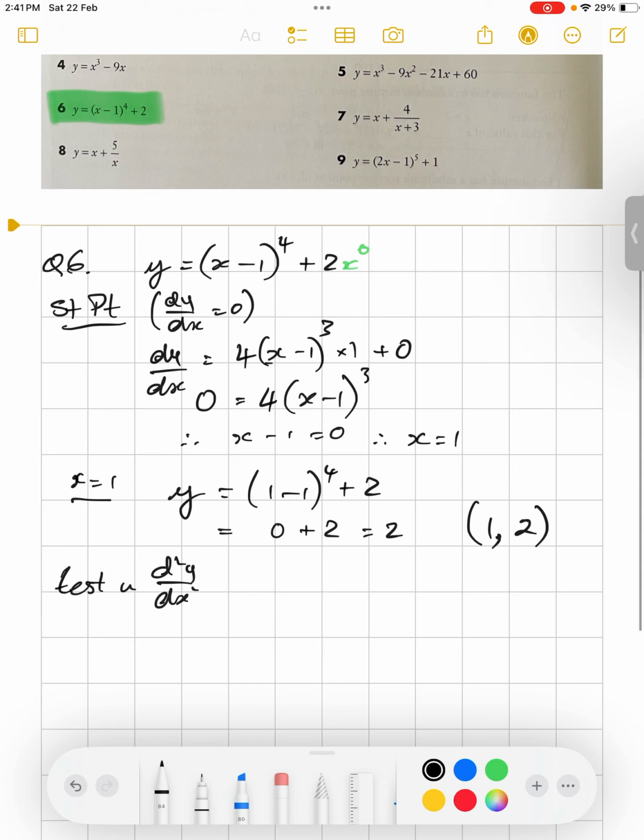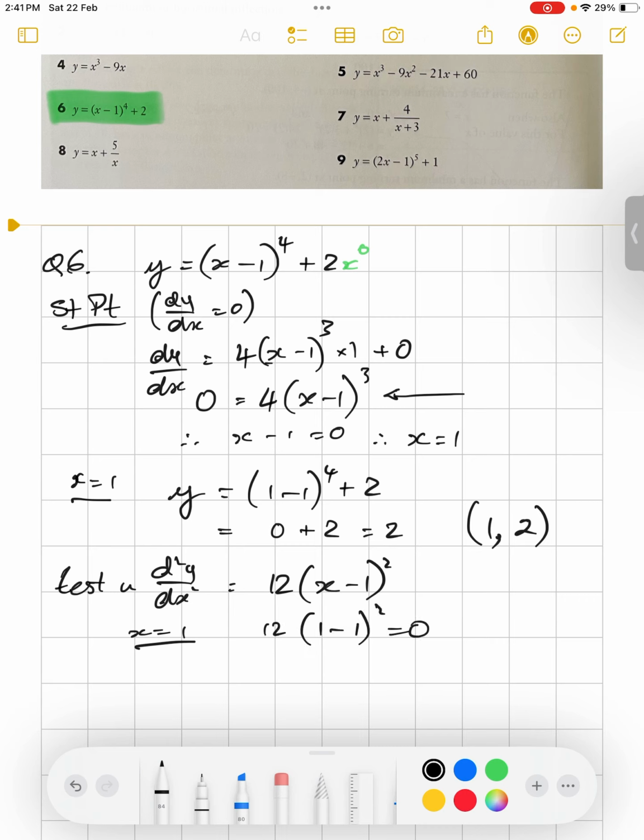The second derivative will be, there's the first derivative, so 4 threes are 12, (x - 1) squared. So we put a 1 in there, and we get 12 times (1 - 1), which gives 0. Now a 0 indicates a point of inflection.